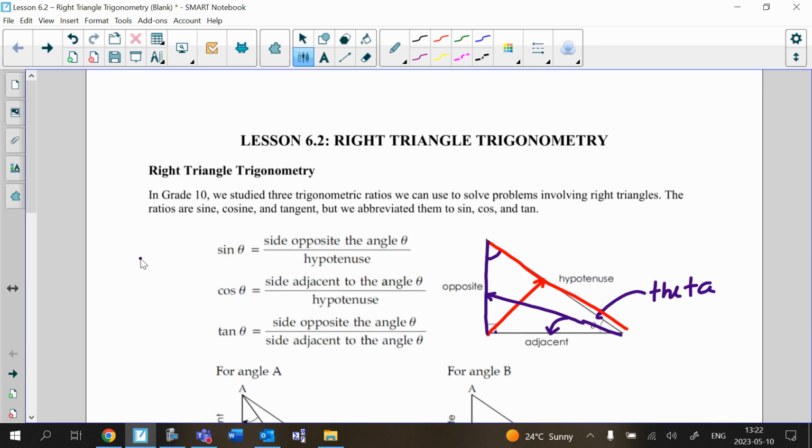The cosine of the angle, this angle, is always the ratio of the side adjacent over the hypotenuse. And the tan of this angle is always the side opposite over the side adjacent. So we're going to use one of those three trig ratios depending on what information we're given in the problem and what information we're asked to find. Okay?